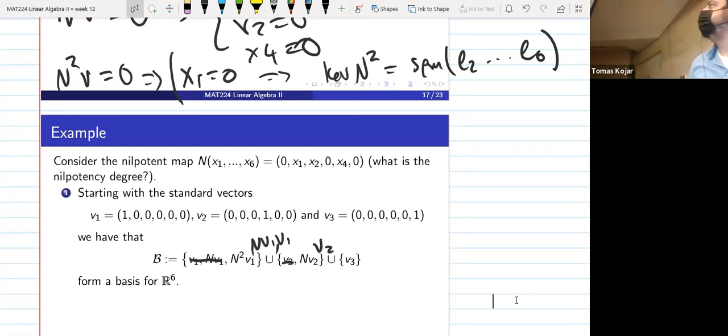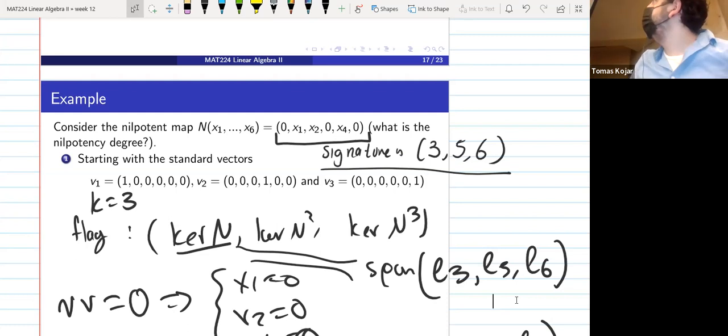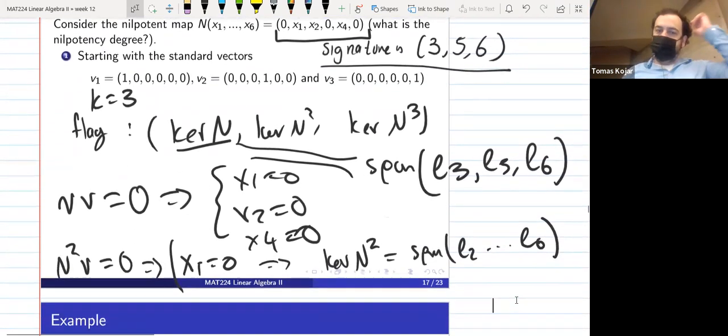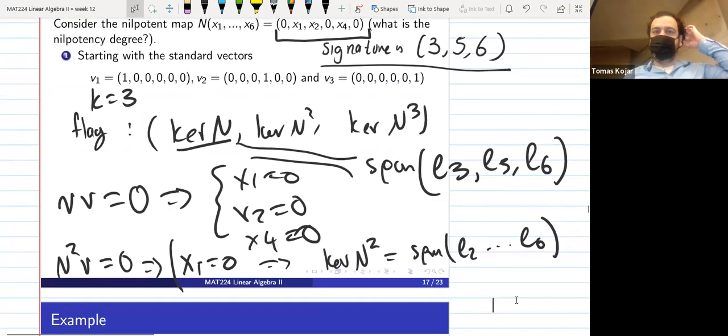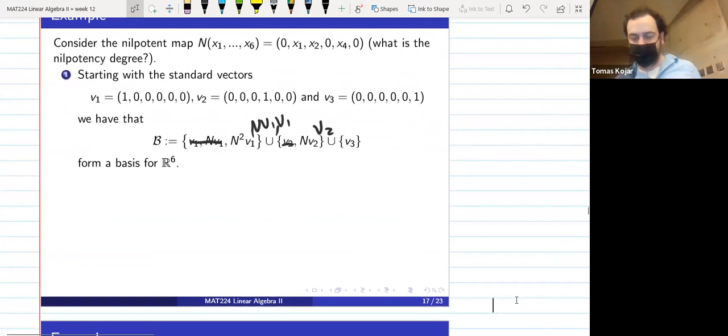We had this nilpotent map N, and it has this signature 3, 5, 6, meaning the dimension of the kernel is 3, the dimension of the kernel of N squared is 5, and 6 is the nilpotency. I want to show you how to generate the basis for these vectors. I also talked about it on Piazza.